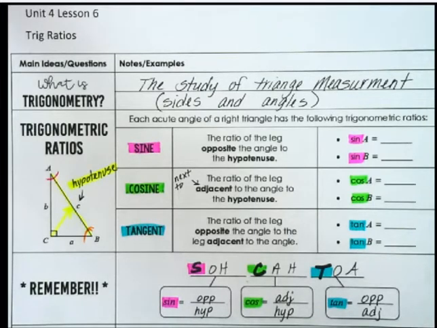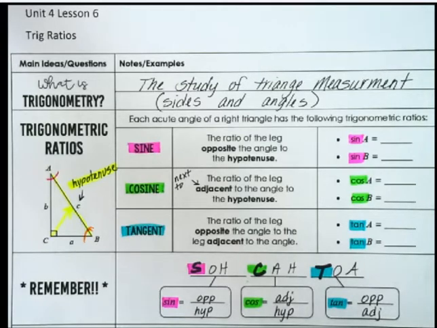The cosine ratio is of the leg adjacent to the angle to the hypotenuse. Adjacent means next to or right beside it. Adjacent and opposite both will change depending on which angle you're discussing.